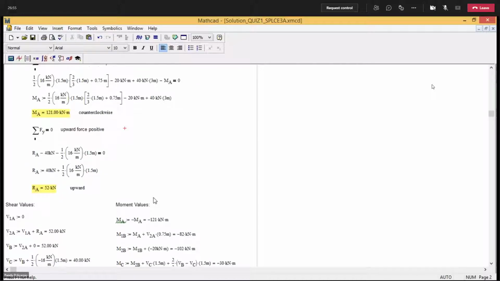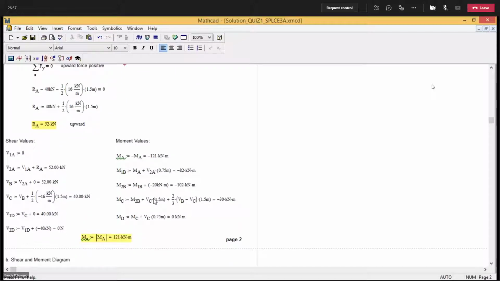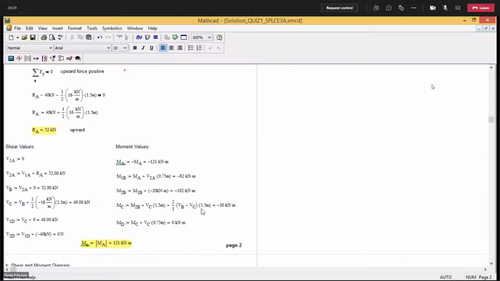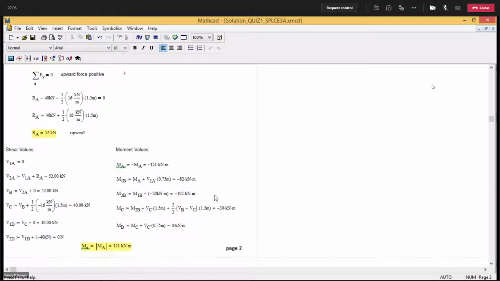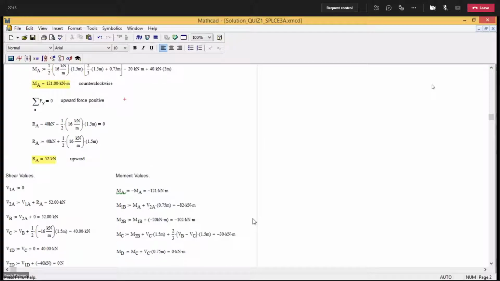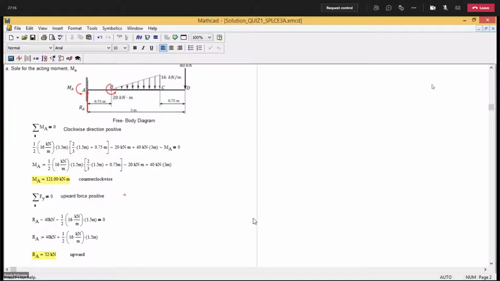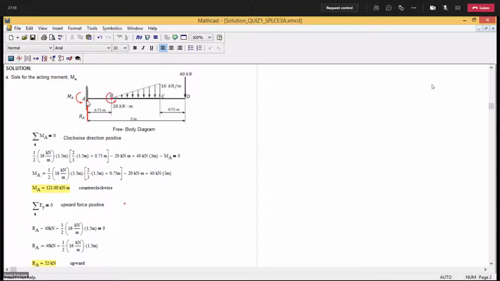Next, we're going to consider the shear values. In mechanics of deformable bodies, this is actually the method that I presented to my class, wherein if you have a load at a particular point, you consider the positive and the negative.